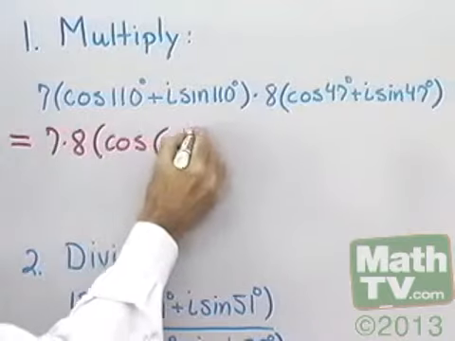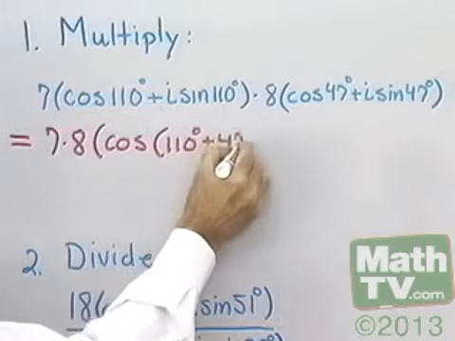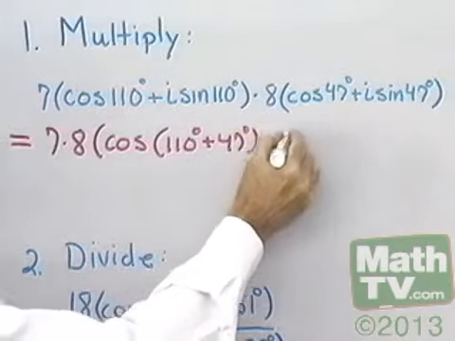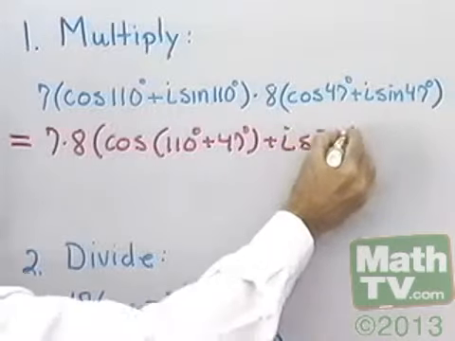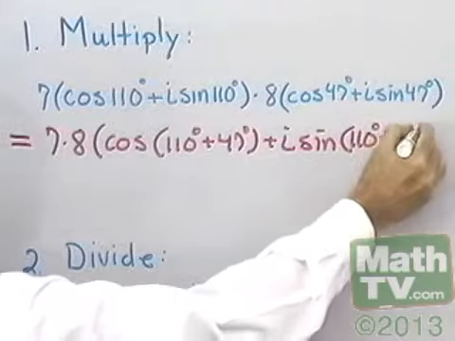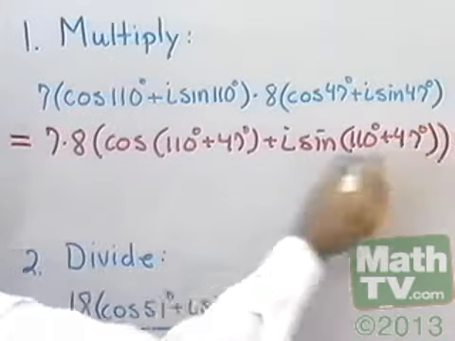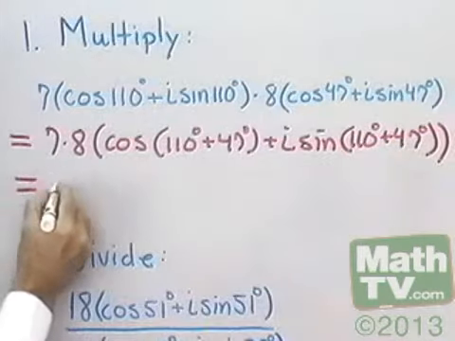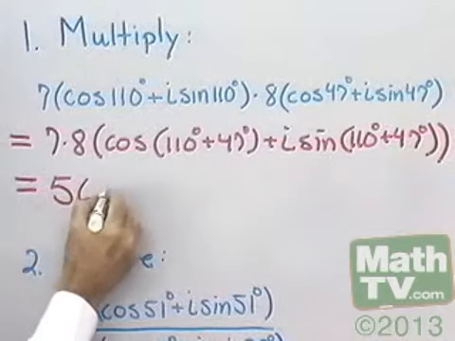Cosine 110 plus 47 plus i sine 110 plus 47. You don't have to actually show that step. 7 times 8 is 56.